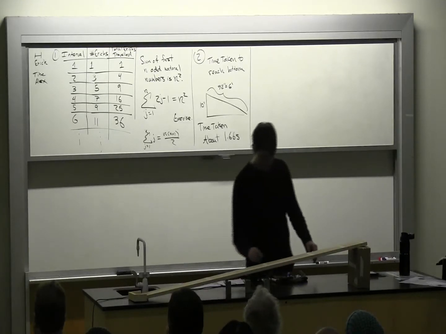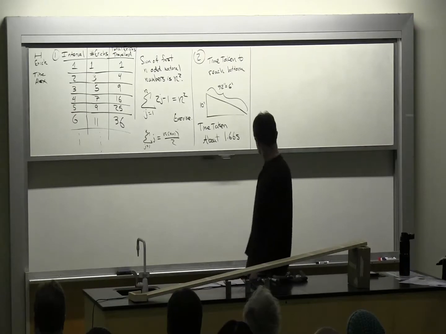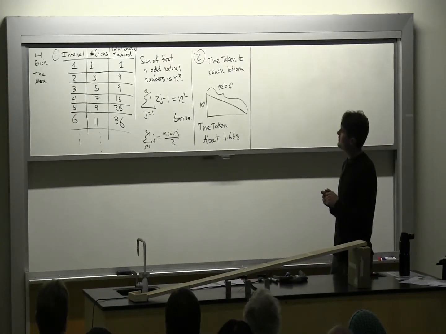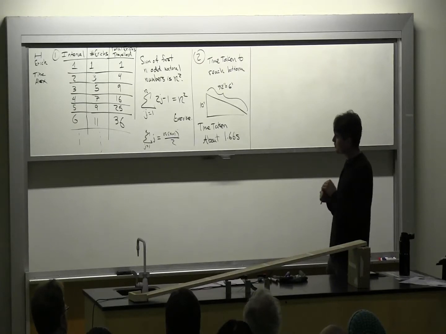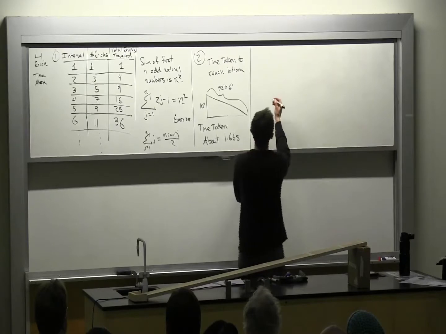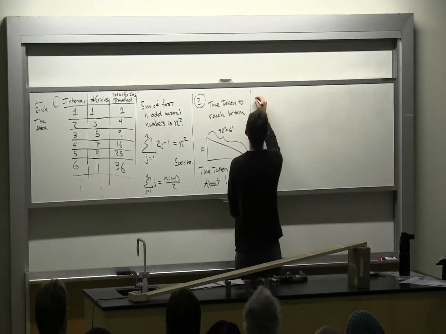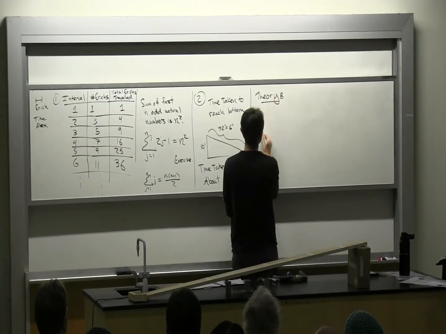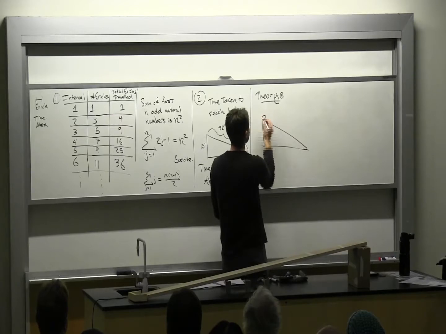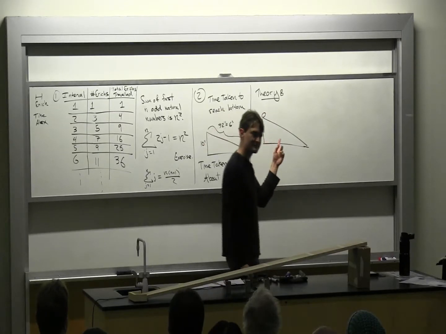So the first thing I want to do is try to model what's going on here. And as usual with most things that involve change, we need a function. So here's the theory. What we have is a ramp, and we have this marble that's starting at the top of it and rolling down.